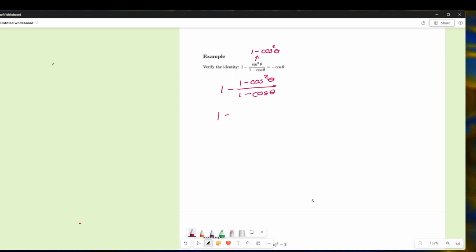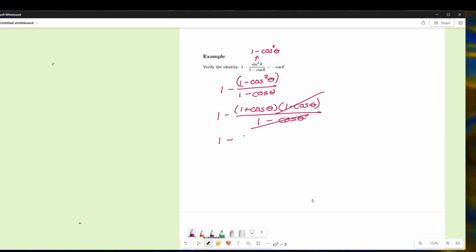And then factor that numerator into 1 plus cosine theta times 1 minus cosine theta over 1 minus cosine theta. And that's really nice. That's going to get those denominators to cancel. I didn't want those denominators anyway.